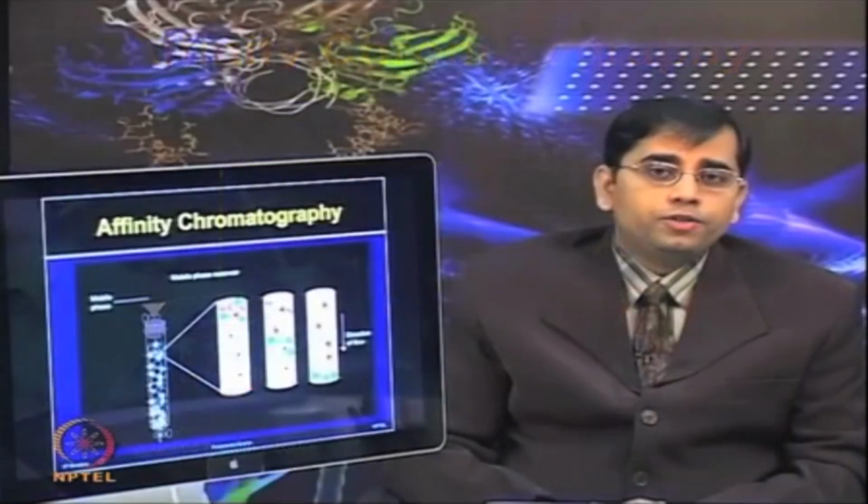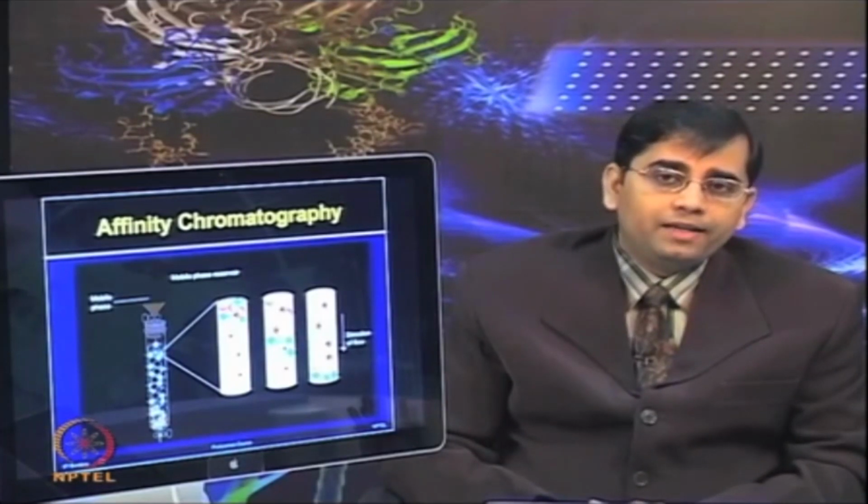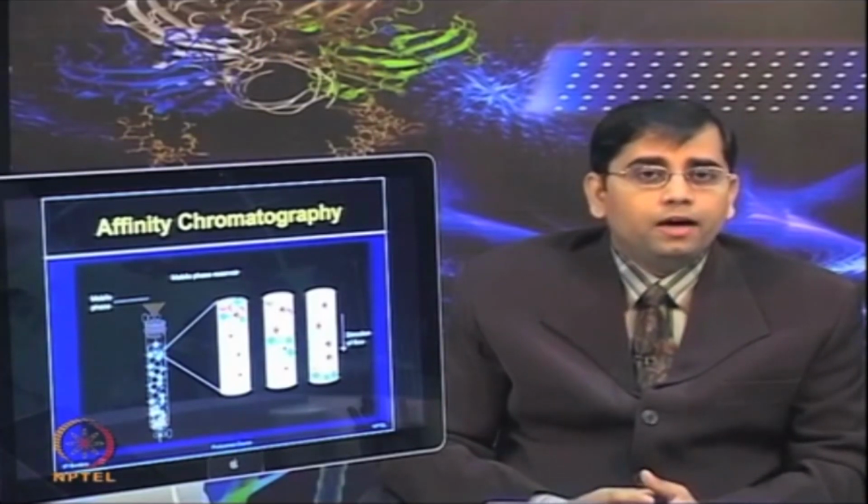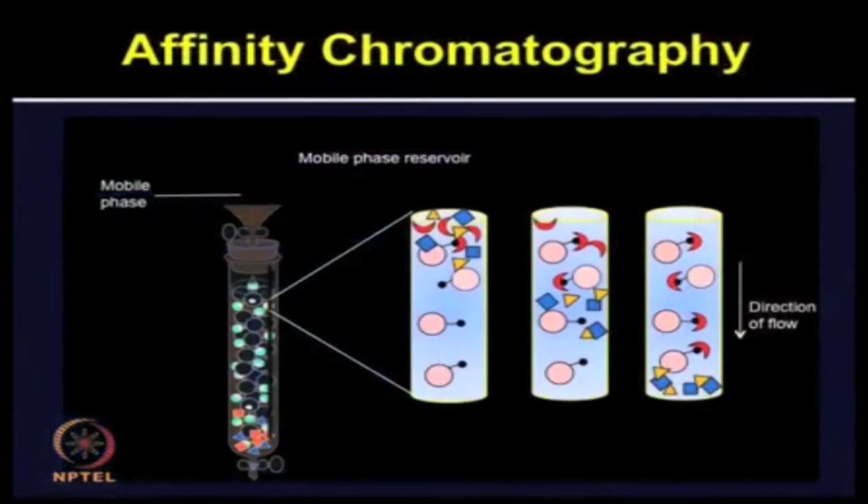Now, the column is washed with a suitable mobile phase to remove the unbound protein, and the protein of interest, which has higher affinity for the ligand, remains bound to the derivatized column matrix and is not removed during the washing step. Now, these proteins of interest can be desorbed by applying excess ligand in the solution.